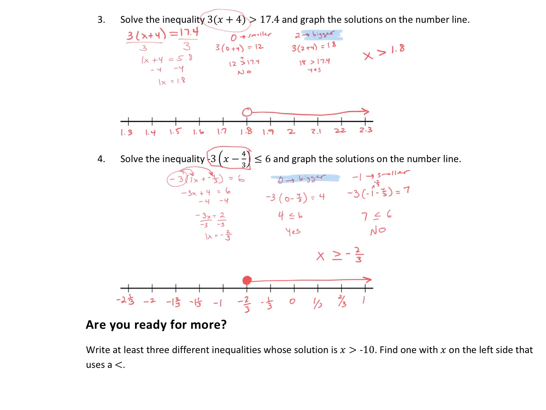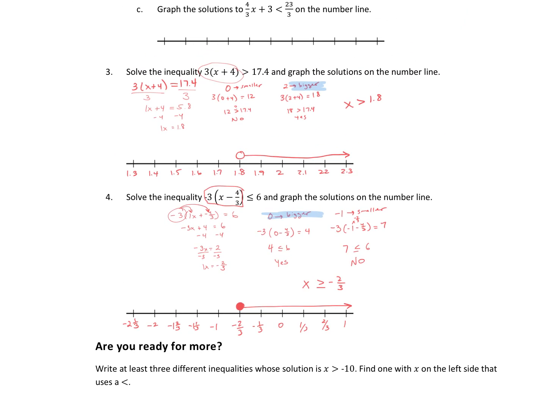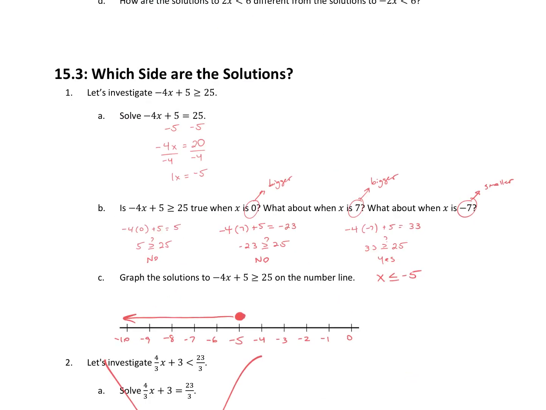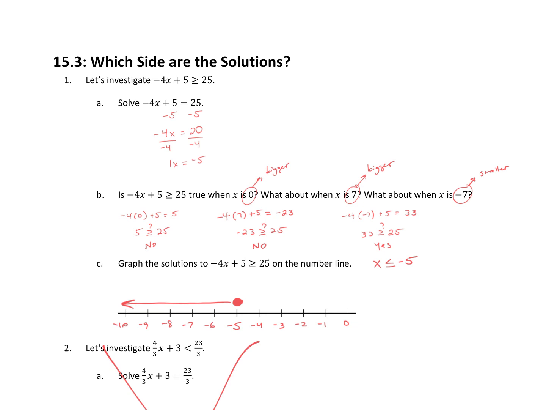So again, we had some inequalities where we did not end up graphing in the same direction that we started with. And looking closer at those situations, the first one we had was here, right? We ended up switching. And the other one was up here. We again switched.